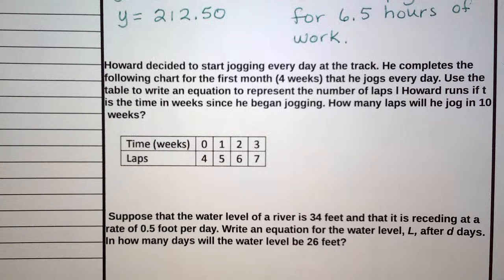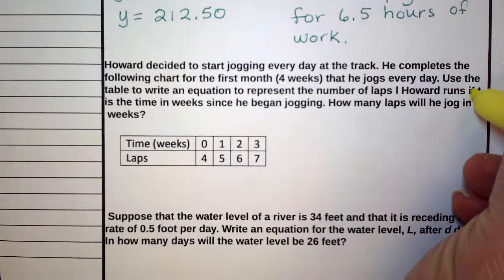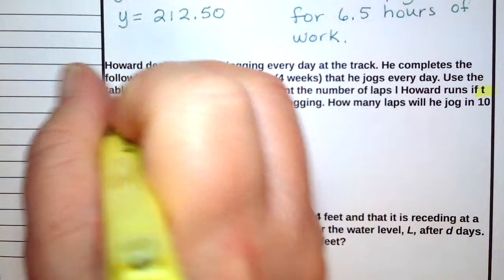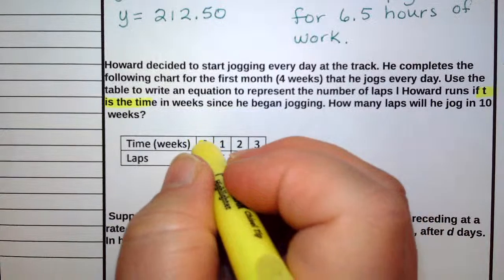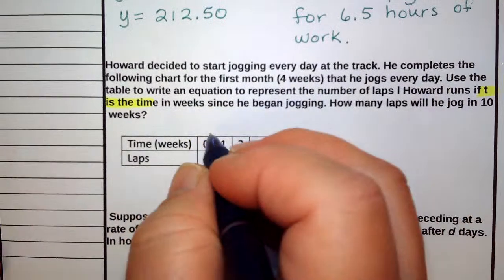So if we're looking at this, we are looking at what happens, but it's in a table form. We do know that T is time. So I've got to look at how much it increases.